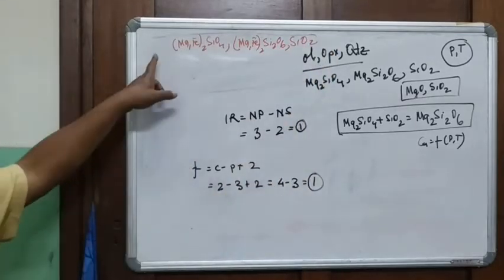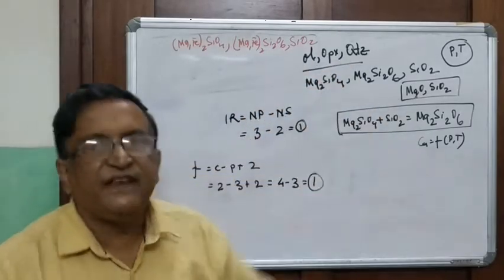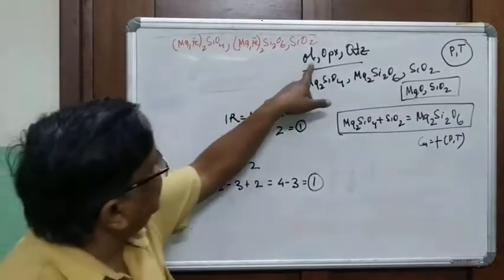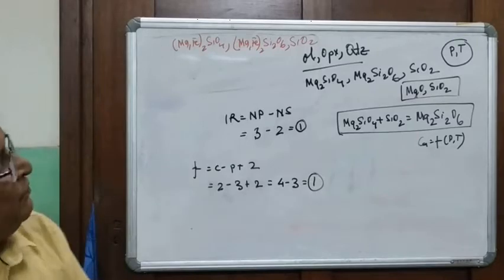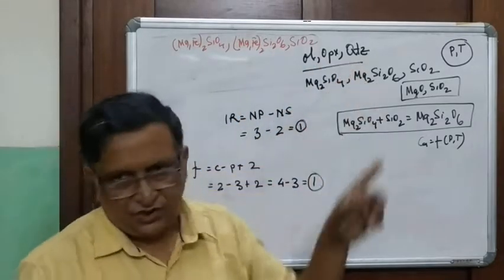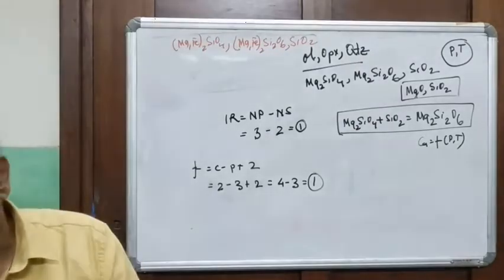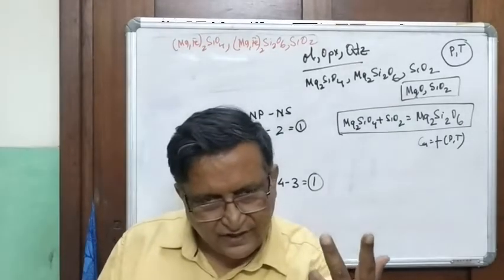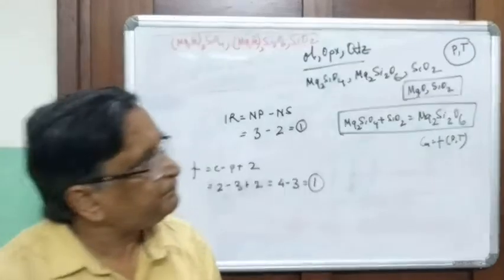Now, this is the composition of the phases. So now your olivine is not pure anymore, orthopyroxene is not pure anymore, and only quartz is pure. So we have two solid solution phases and one pure phase.